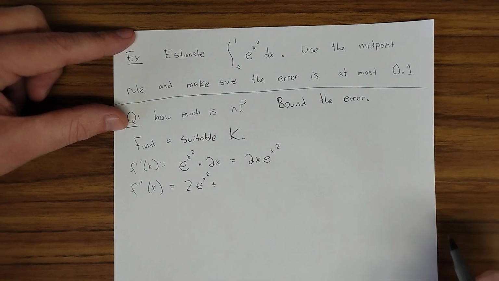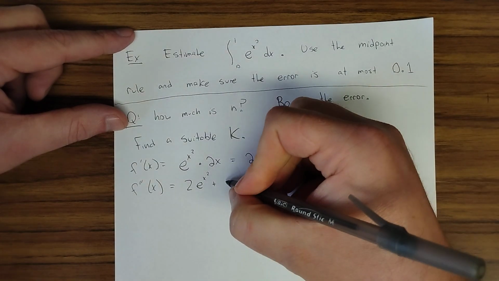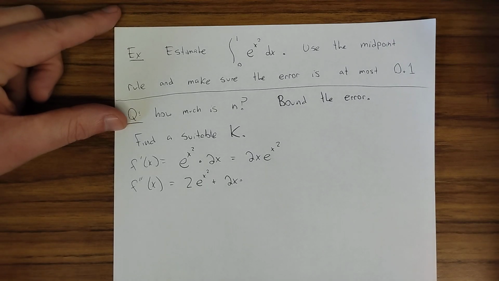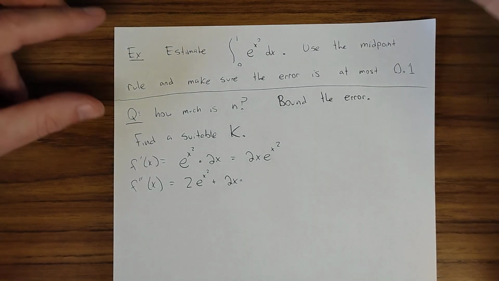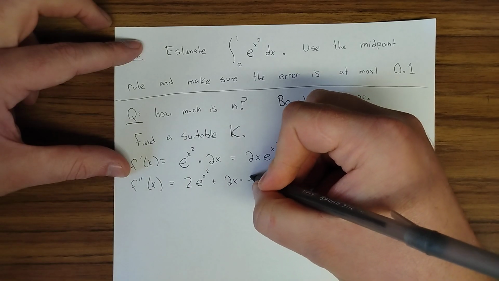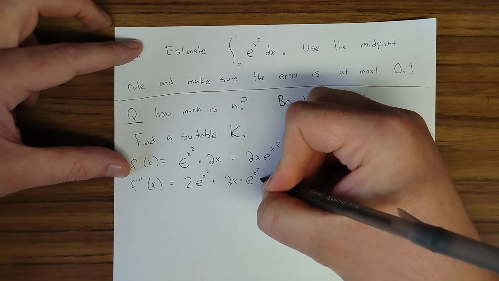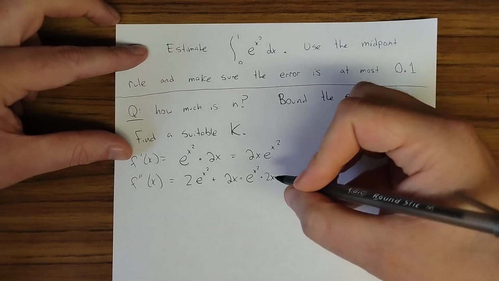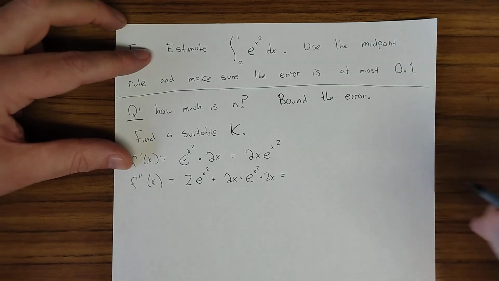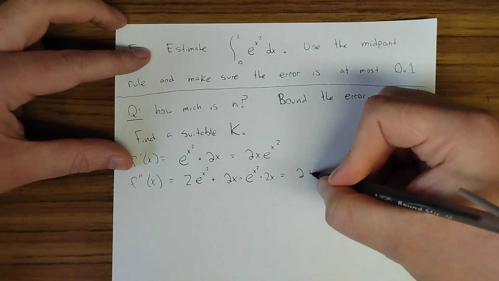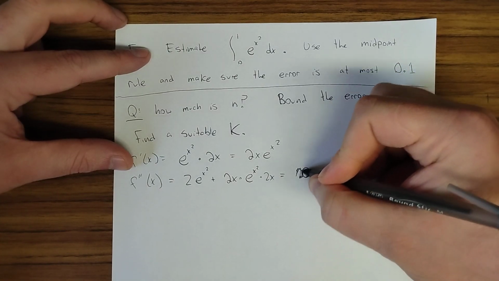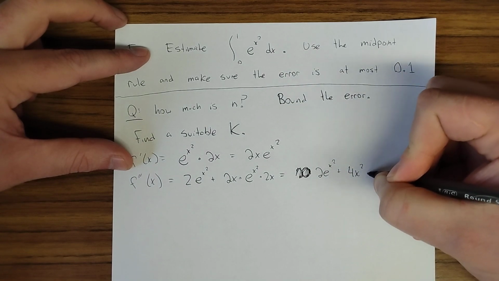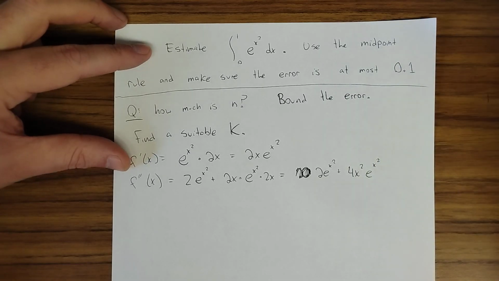And then the product rule has two parts, so now I'm going to leave the 2x alone and do the derivative of e to the x squared, and now I find myself doing the chain rule again. The derivative of e to the x squared is e to the x squared times another 2x. Right? So this is 2e to the x squared plus 4x squared e to the x squared.